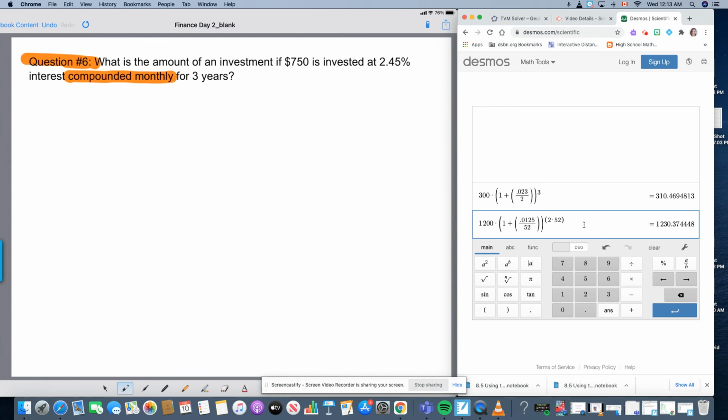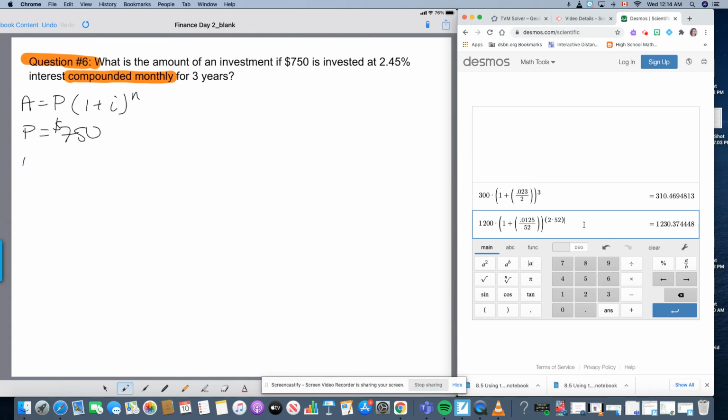Okay, so we know our formula is going to be A equals P times 1 plus I raised to the nth power. Okay, so what is the amount of an investment if $750 is invested at 2.45% interest, compounded monthly for 3 years? Okay, so our principal is going to be that $750.